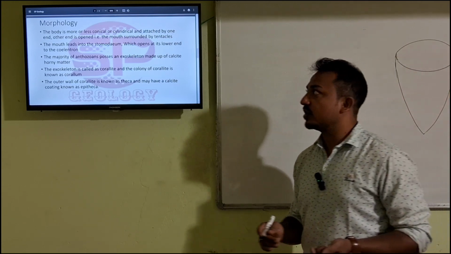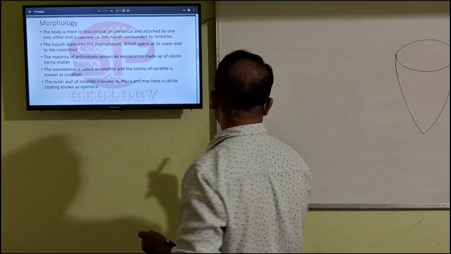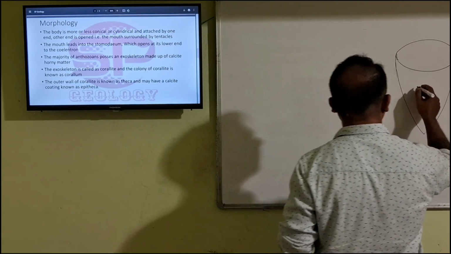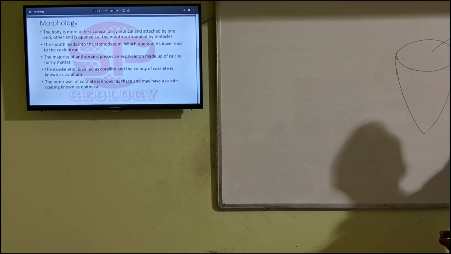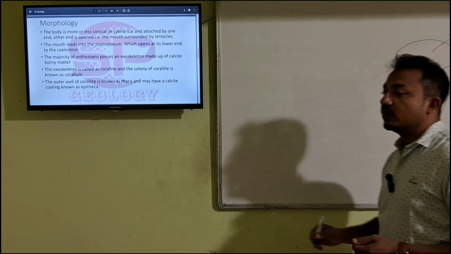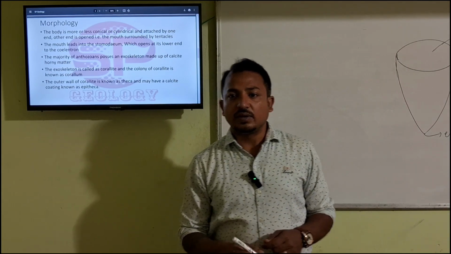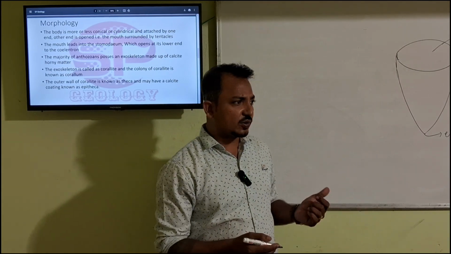So the body is conical or cylindrical, you can say. This open end is called the calyx. The attached end is called the apical end.